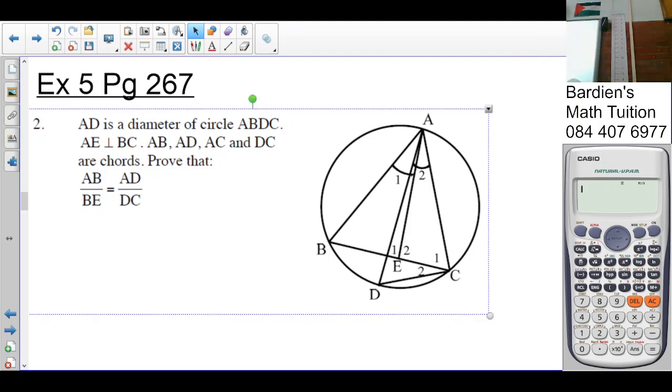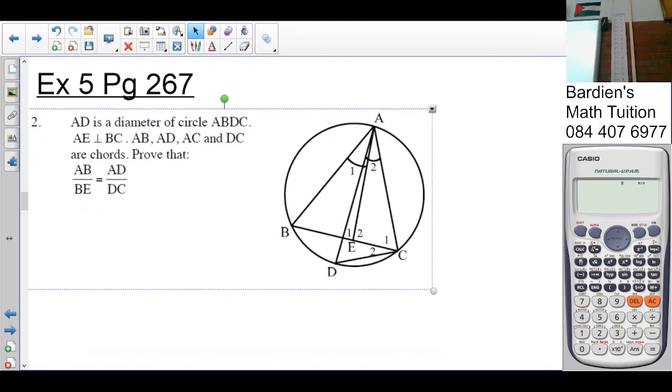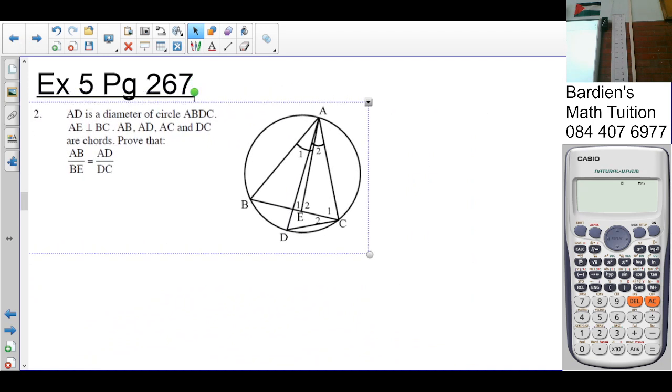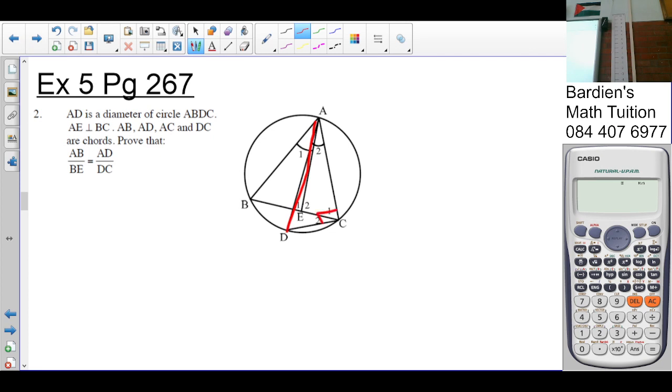Alright, so we are told that AD is a diameter. If AD is a diameter, what do we know? Angle C is 90. Why? Angle in a semicircle.